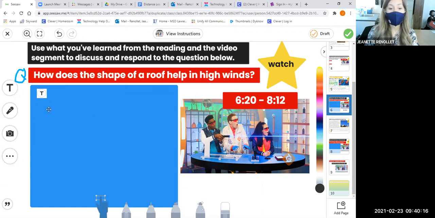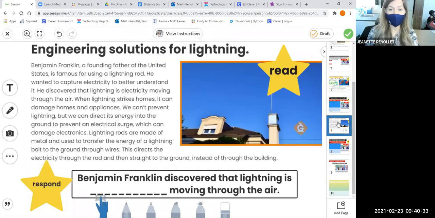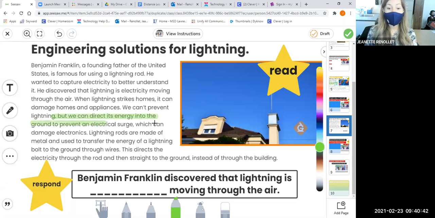You need to type a response using 3rd grade writing skills, using a complete sentence, using evidence, using words from the video. On slide number 7, you need to practice the same skills that we did today. You need to read the text, highlight your evidence, and respond by filling in the blank.